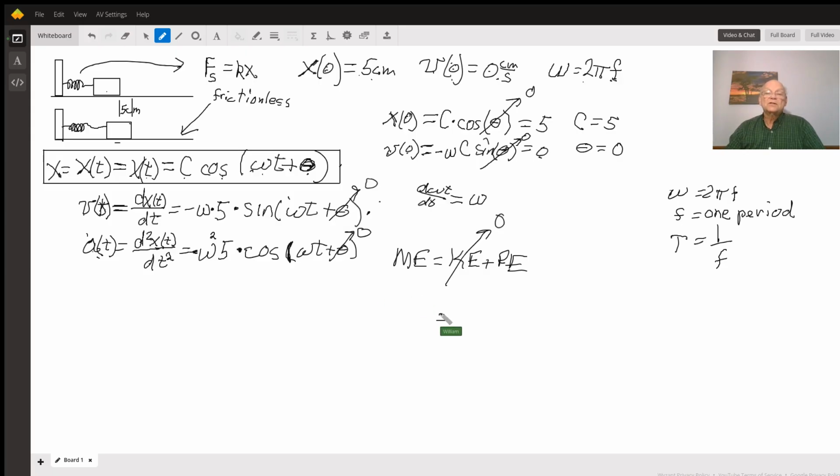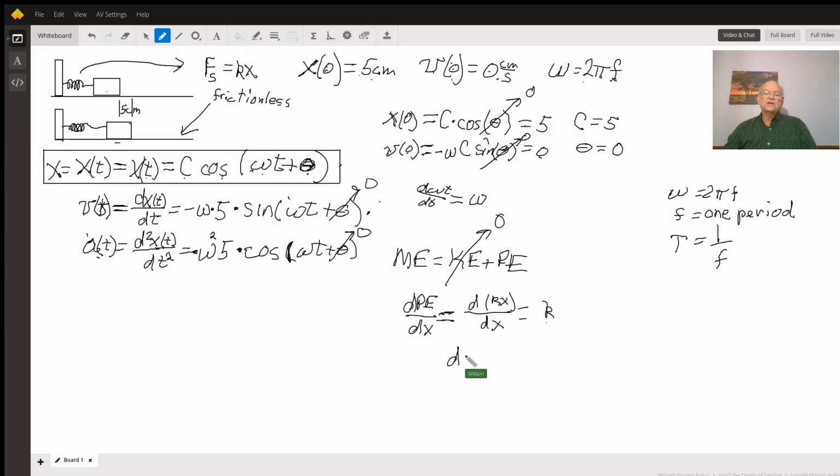So what we want to do now is figure out what the potential energy with respect to x is for a spring, and we look at the derivative of potential energy with respect to x, and we get the derivative of kx, which implies that that's equal to k.